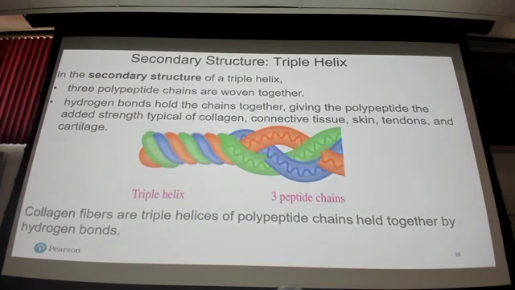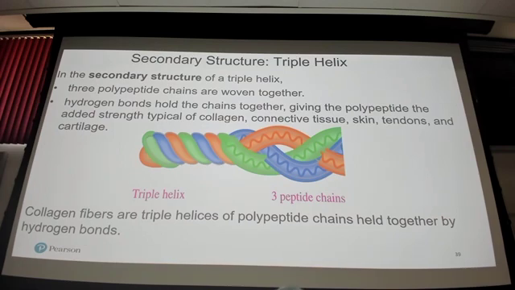Another secondary structure created by hydrogen bonds gives strength and support to our collagen. It is a triple helix, like a braided pattern where three polypeptide molecules in proximity create hydrogen bonds and essentially look like a tightly twisted braid.